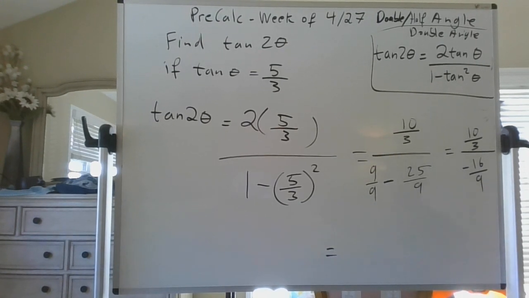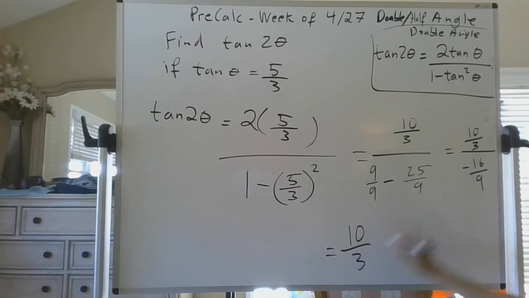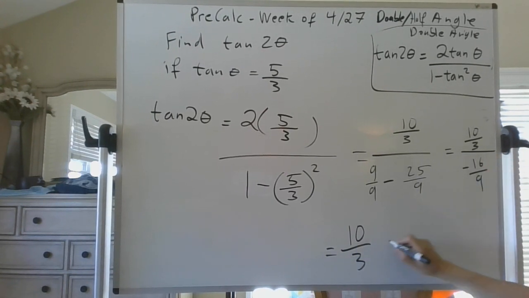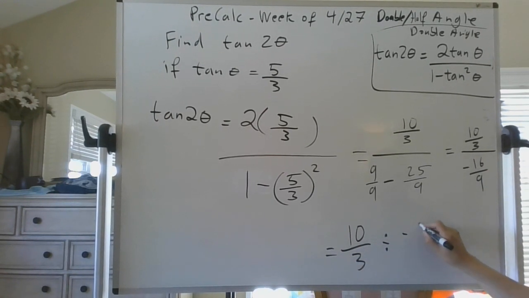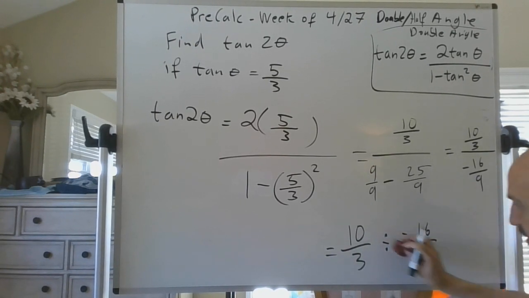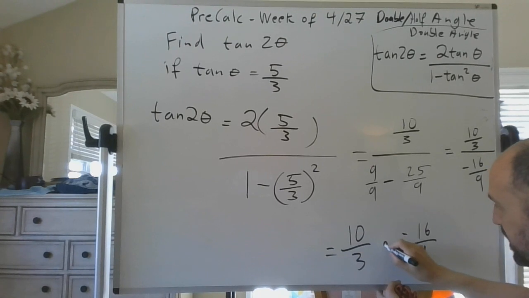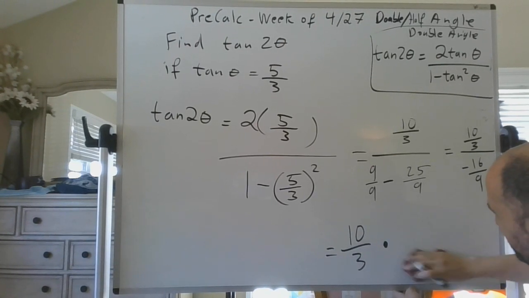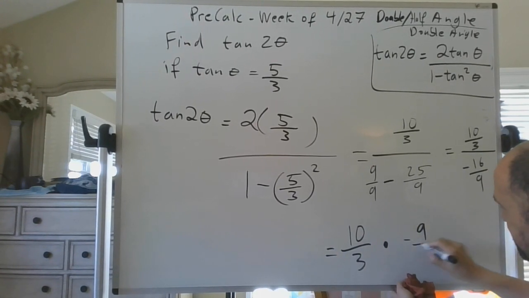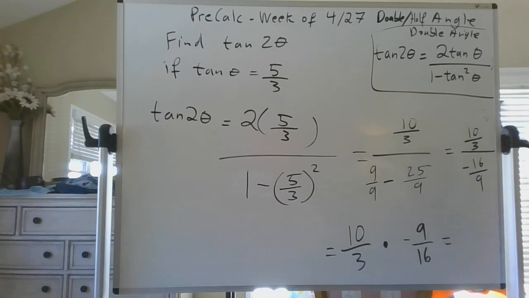We're almost done because now I'm going to rewrite this as 10 over 3 divided by negative 16 over 9. And remember, when we divide two fractions, keep, change, and flip. Okay, and now I'm just going to multiply those out. But before multiplying those out, I can simplify top and bottom.